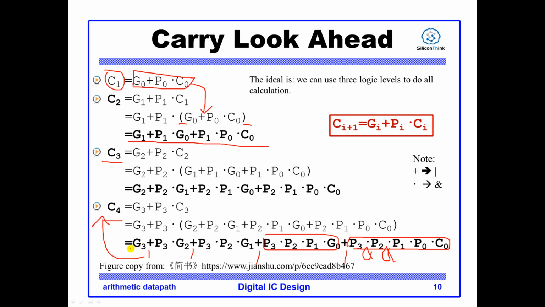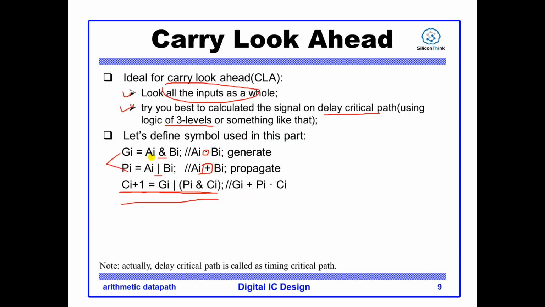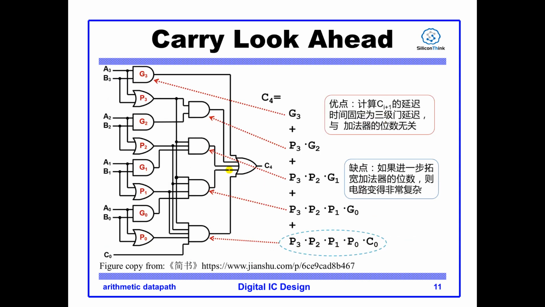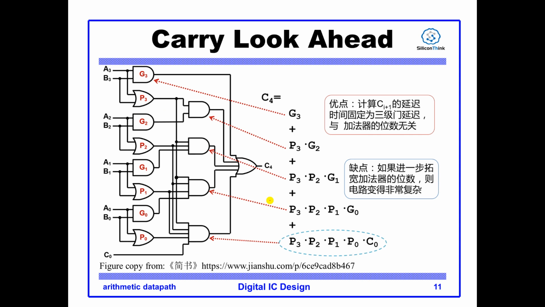The P and G themselves are some simple gates. Okay, that's all for the explanation. So for the equation here, if you replace the AND dot with logic gates, it will be something like that. The P and G, then AND them together, and OR all the items together to get the final output.